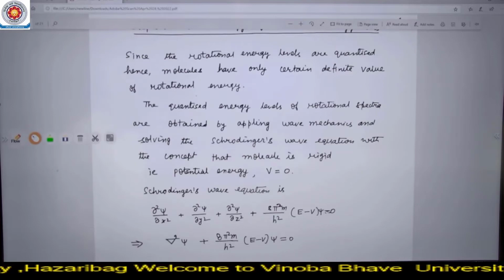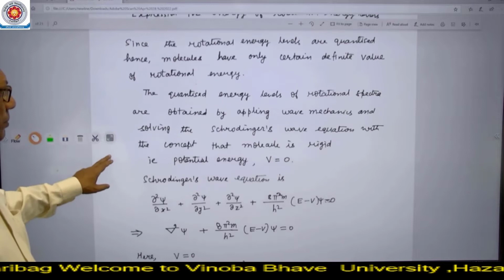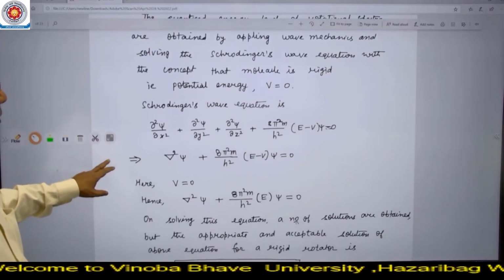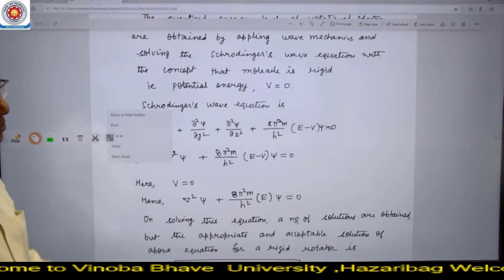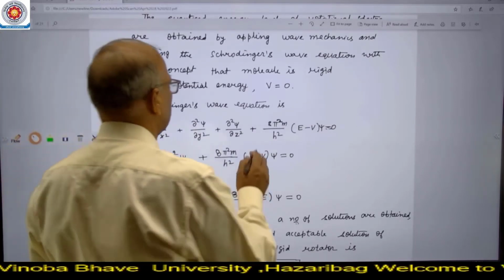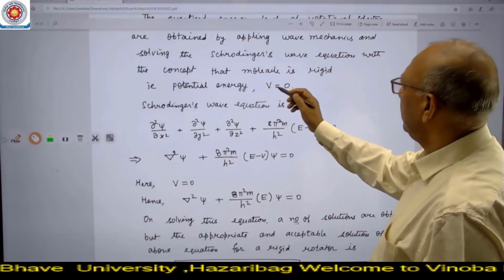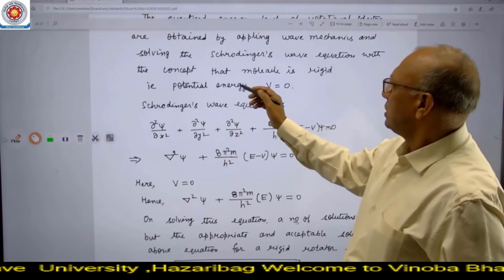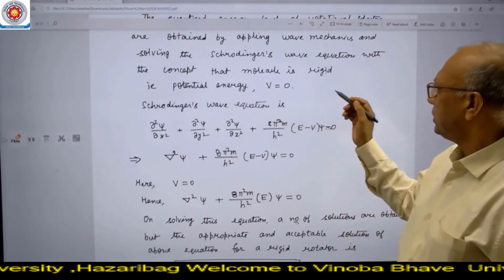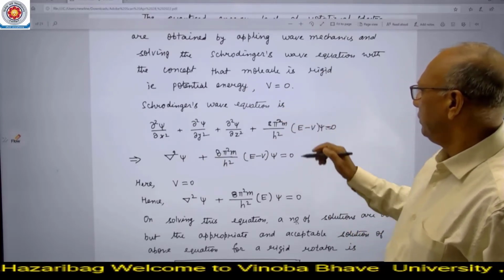The quantized energy levels of rotational spectra are obtained by applying wave mechanics and solving the Schrodinger wave equation with the concept that the molecule is rigid, that is, potential energy is 0. This is a very important concept: when we use the concept that the molecule is a rigid rotator, the potential energy V will be equal to 0.